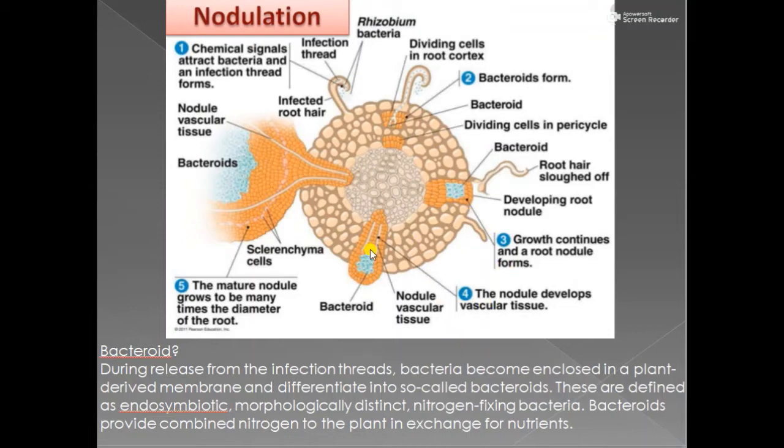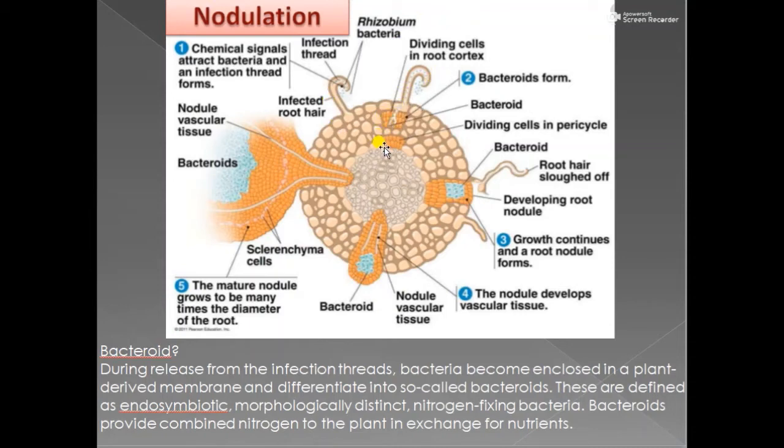Now this nodule will also develop vascular tissue, and it further increases in diameter, penetrates outside, and grows many times the diameter of the root. So that's how a root nodule is formed. The bacteria enter here and go into the pericycle.